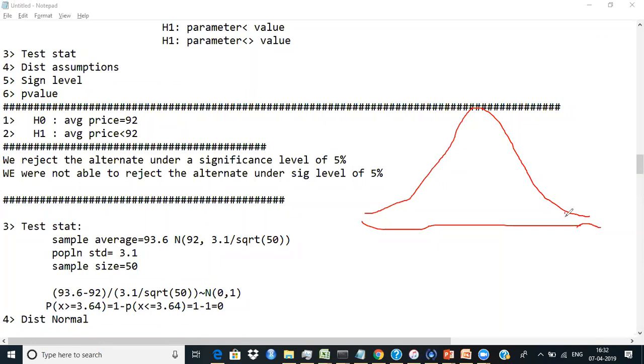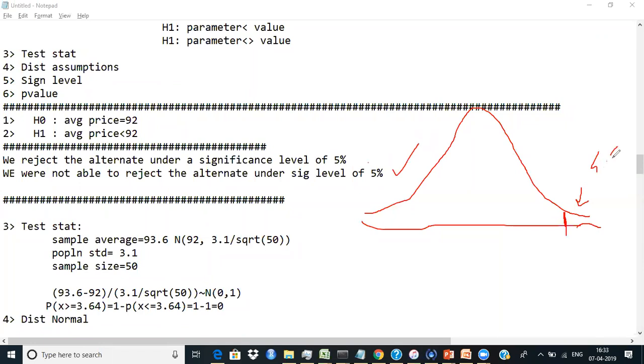So what we are doing is, say we have got a test statistic value which is here. We are calculating area to the right, and we are saying if this area is less than 5%, then we will say that we were not able to reject the null, right? If it is less than 5%. Now less than 5% might mean 4.9%.